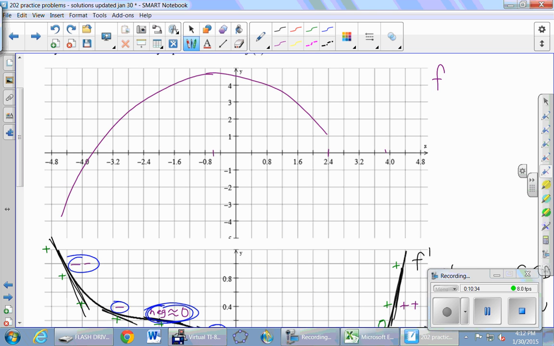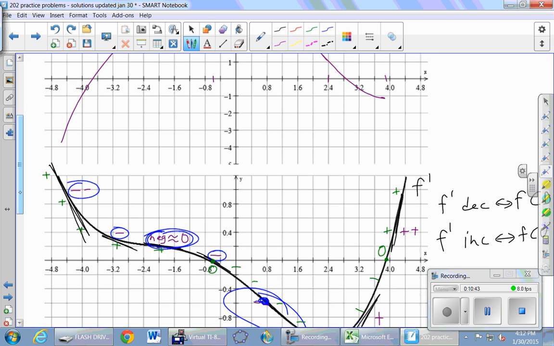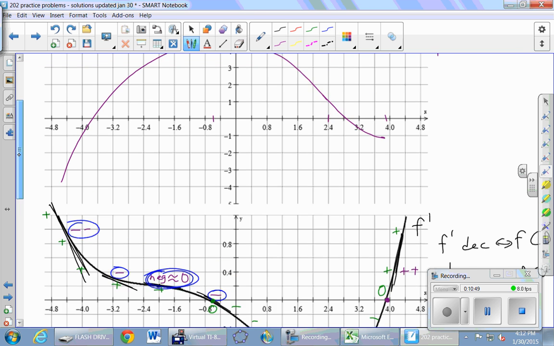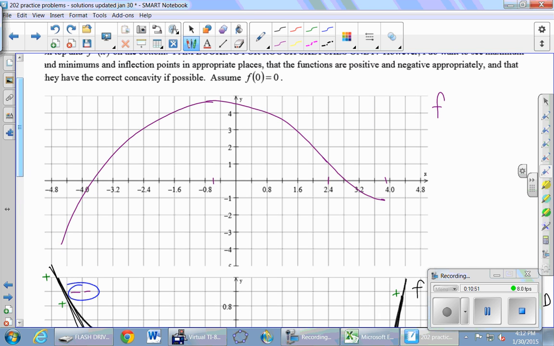Decreasing to 3.9 and concave up. And at 3.9, we had a flat tangent line. And now we just crossed over that 0 right there, which means f prime all of a sudden is positive, so f is increasing and still concave up the rest of the way. So I think that's about as good as I can do for you.